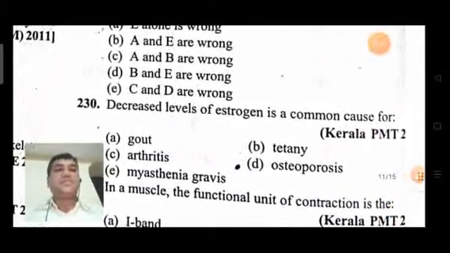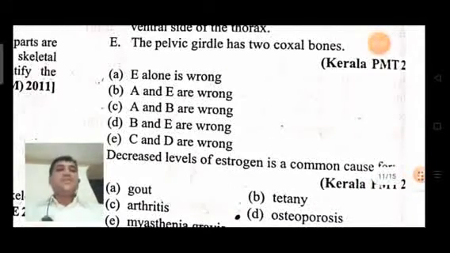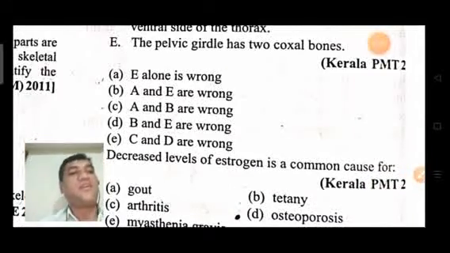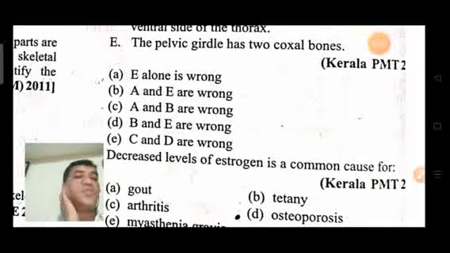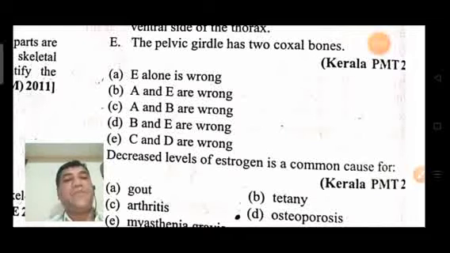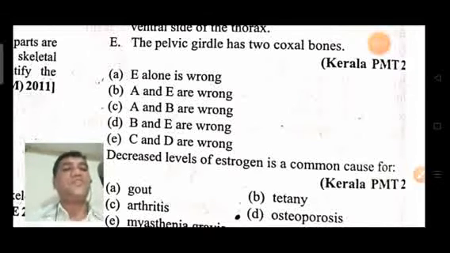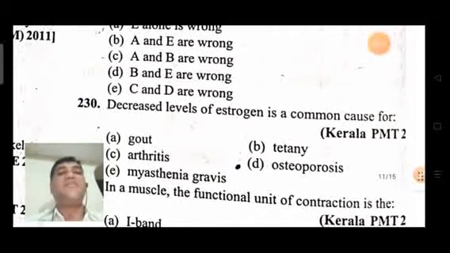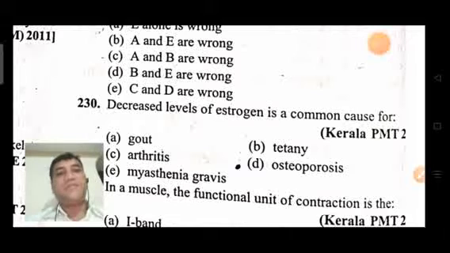Next, decreased level of estrogen is a common cause for gout, accumulation of uric acid; tetany, rapid spasms in the muscles; arthritis, muscle bone pains; osteoporosis, softening of bones because of estrogen level; myasthenia gravis, the muscles are unable to attach to the bones.